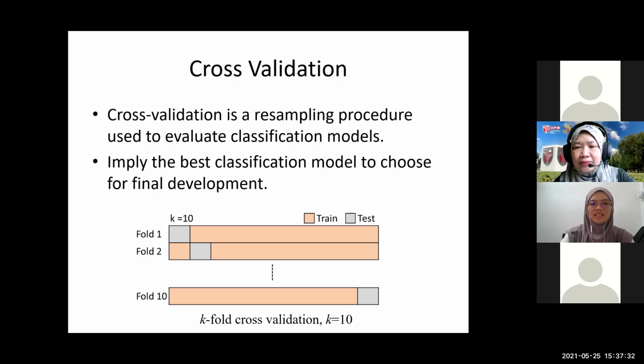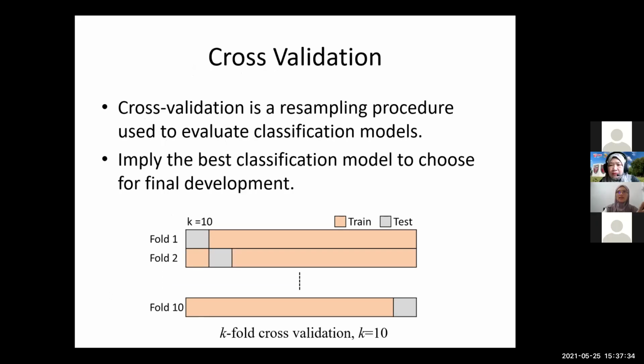For example, we have image A, image B, and image C. For the first training, image A, image B, and image C are in the training set. After that, we revamp the structure of the data set. Then image A becomes the validation set, and image B and C are in the test set.